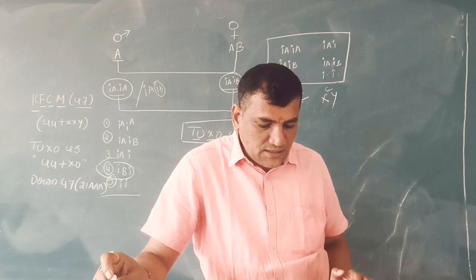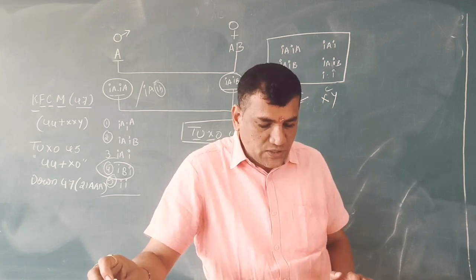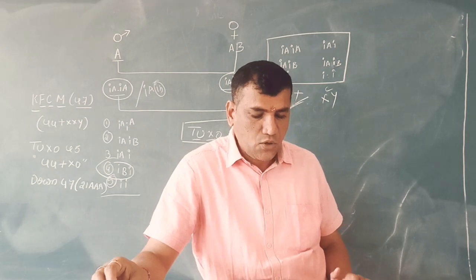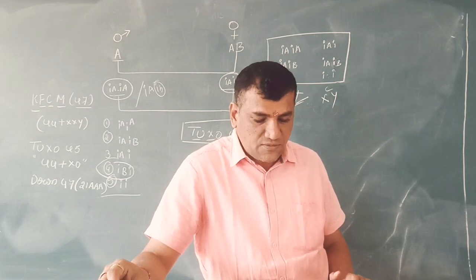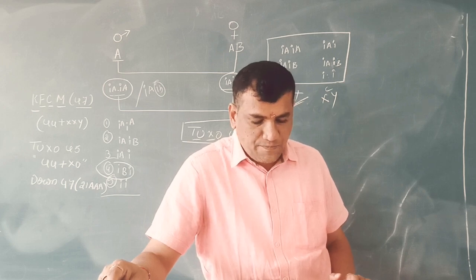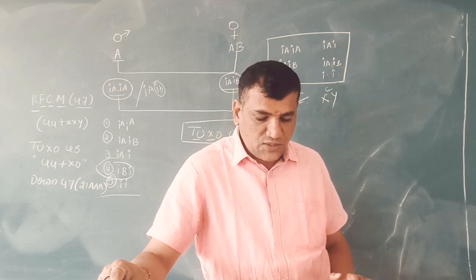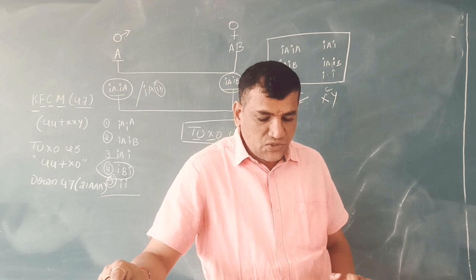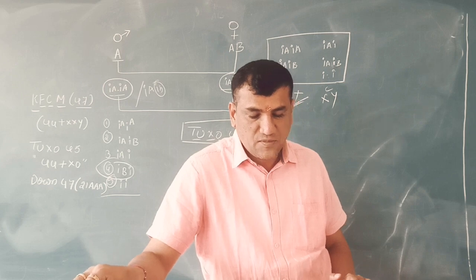The yellow mice are never homozygous. The reason is, homozygous yellow cannot survive due to the lethal effect of genes. There is no formation of zygotes with the homozygous yellow constitution, none of them.